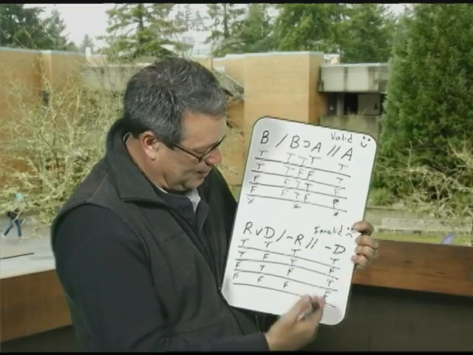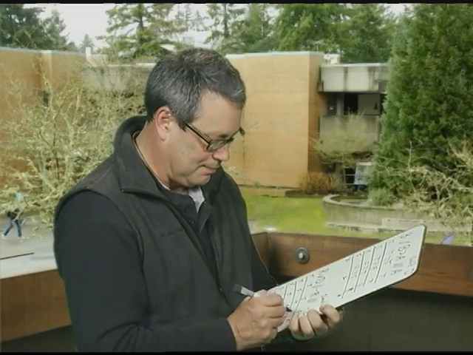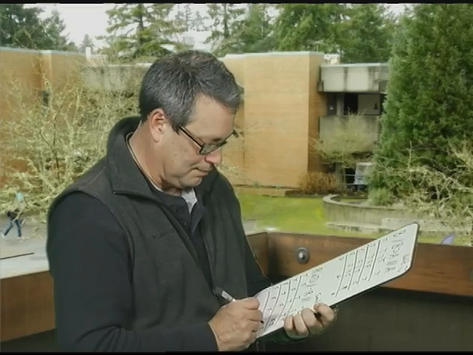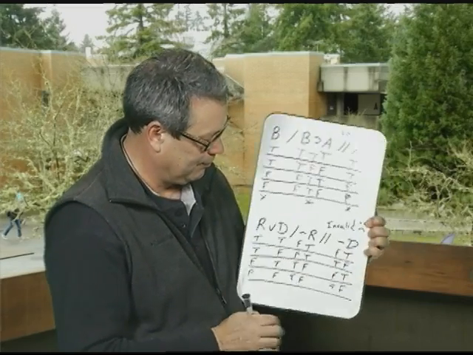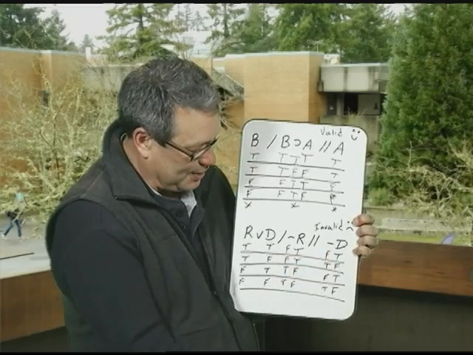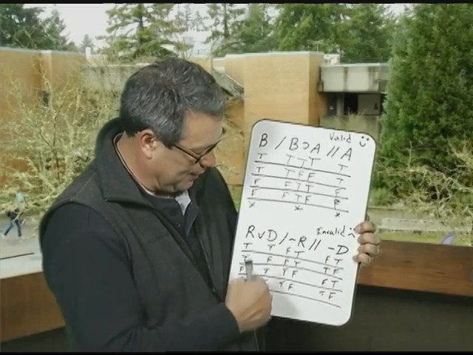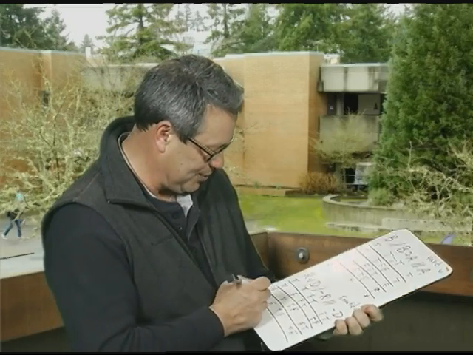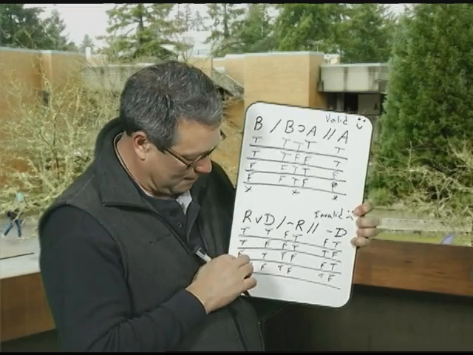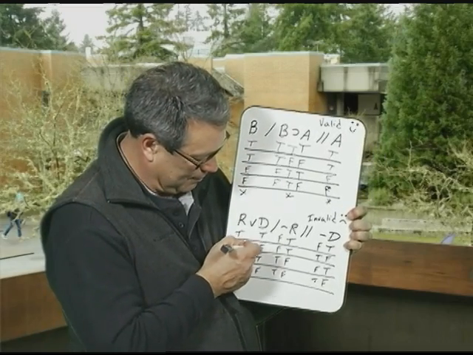And now I'll fill in the tildes. All a tilde does is make the column next to it the opposite. And finally, I'll fill in this wedge. And we know how to do that already. The only way a wedge is false is if both sides are false, like that one here.